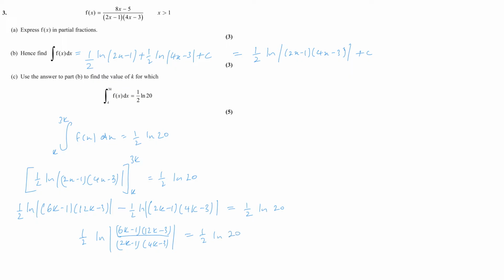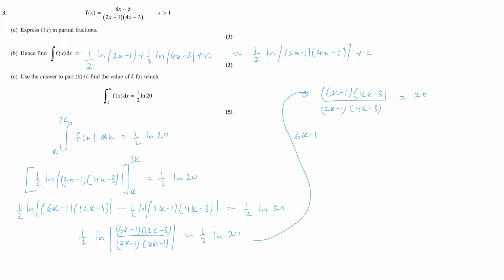So now quite clearly this part is equal to 20. So just carrying on up here, 6k minus 1 times 12k minus 3 over 2k minus 1 times 4k minus 3 is equal to 20.